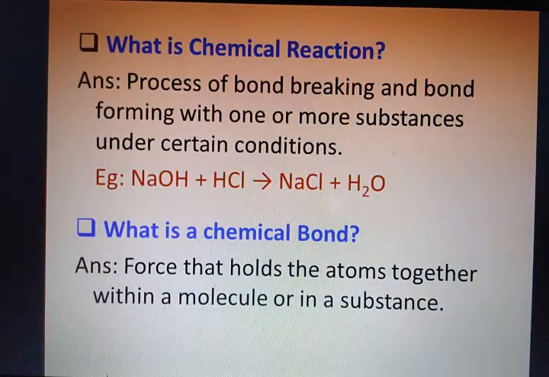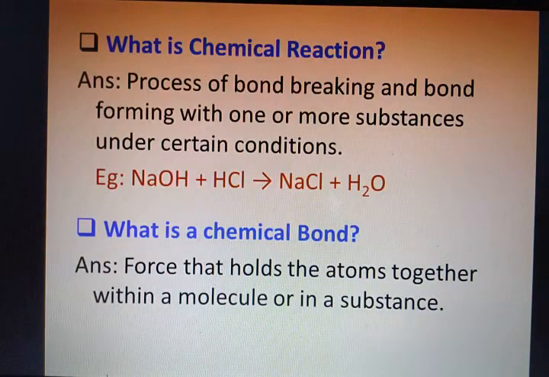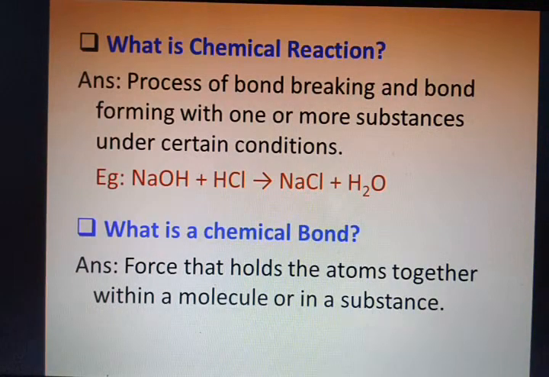The name itself suggests chemical changes and chemical reactions. So the first question which will definitely come: what is a chemical reaction? In simple words, it's a process of bond breaking. A chemical reaction is a process by which the existing bonds of a certain substance are broken, leading to the formation of new bonds into another substance.